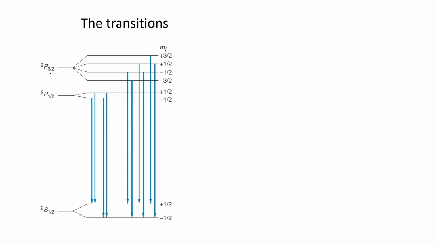So, you have a 2p 3/2, which has of course 5, and then 2p 1/2 has 2, and there is 2s 1/2 that is there. So, there are 10 transitions which are shown by these vertical blue lines, and so there are 10 transitions in total.